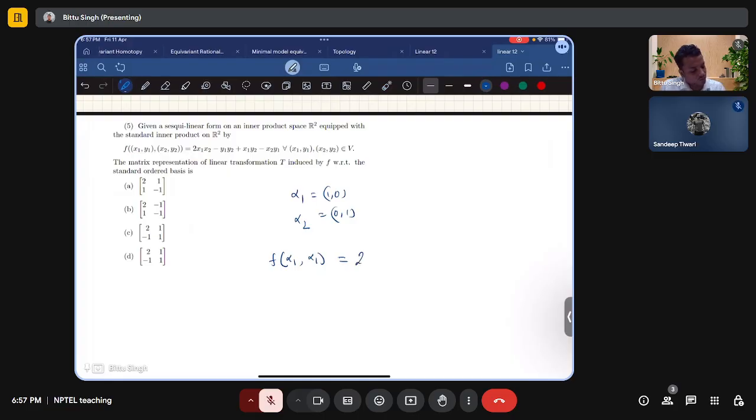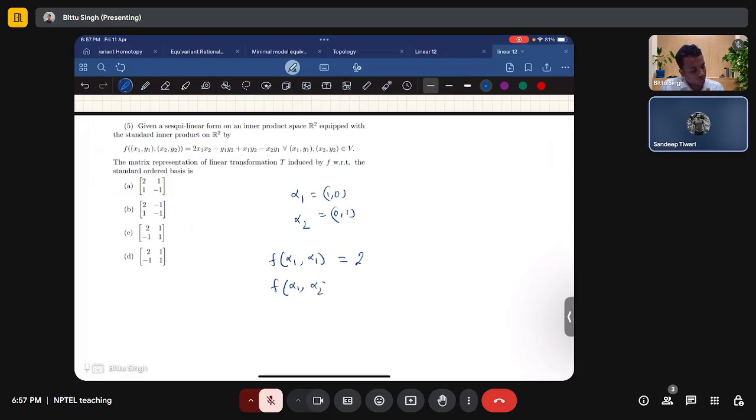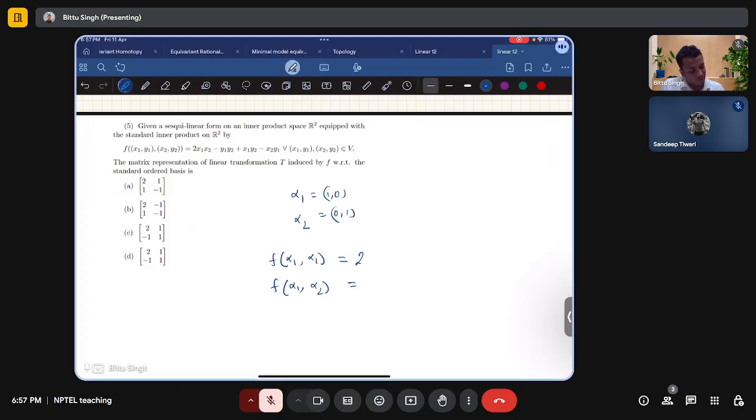So this element will be 2. Now f of alpha 1 comma alpha 2. Alpha 2 means this is 0 1, so only x1 y2 this product will survive. So x1 y2 means it is 1.